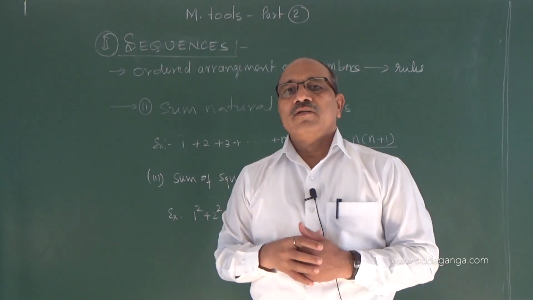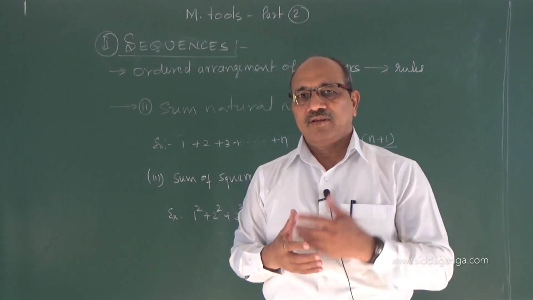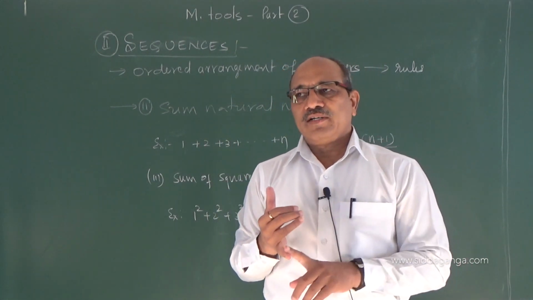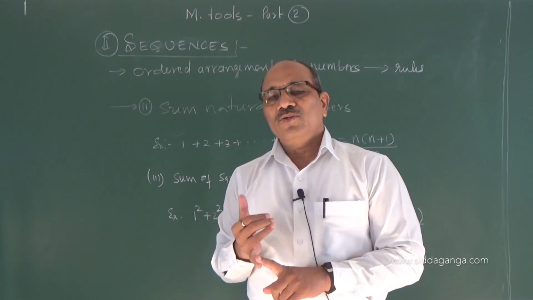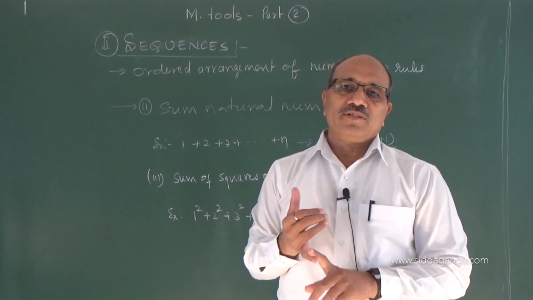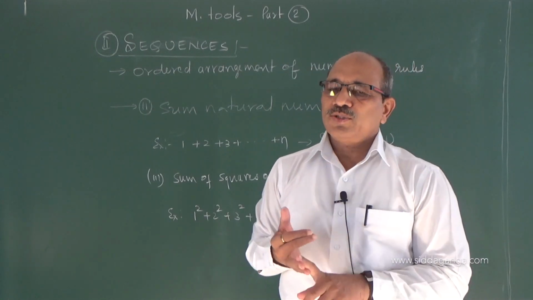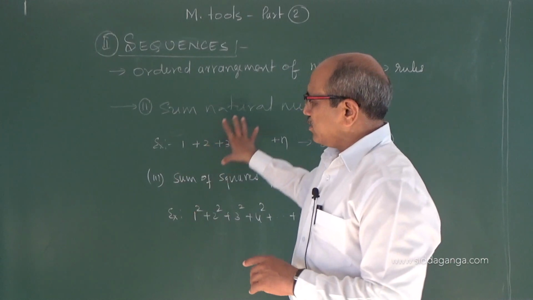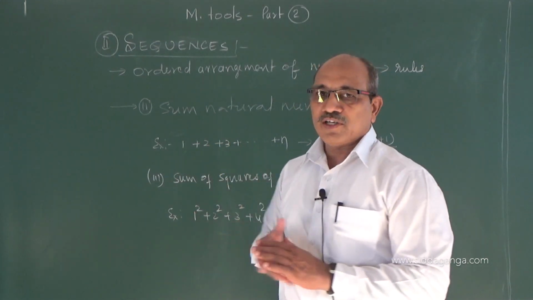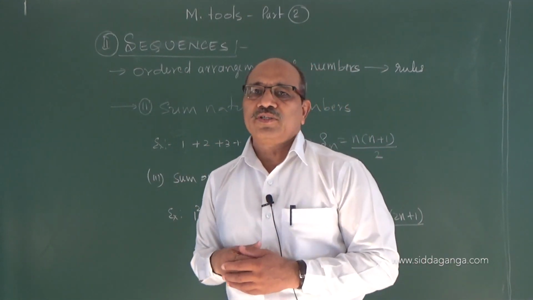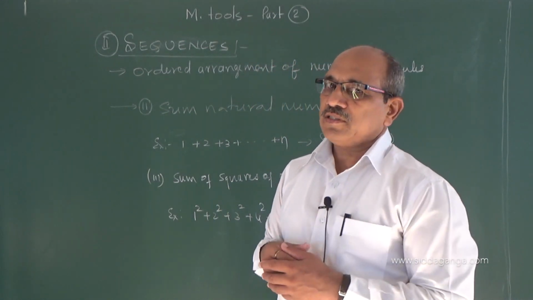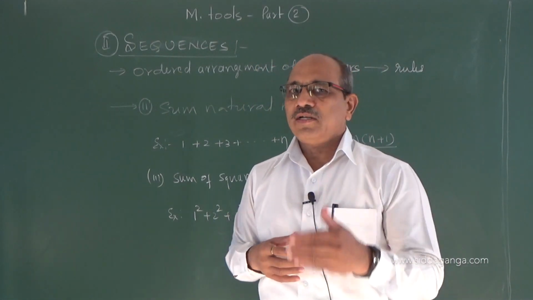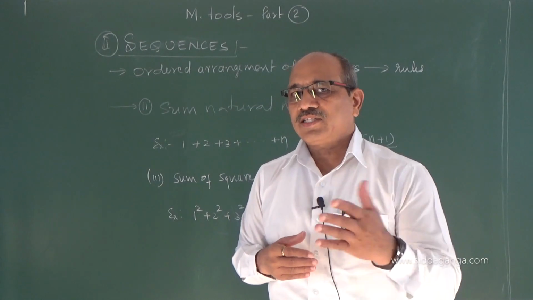So these are three tools. One, how the quadratic equation can be used to get solutions in physics. Second, the arithmetic progression. And the most important tool we use in solutions in physics is the geometrical progression, that we will take up in the next class.